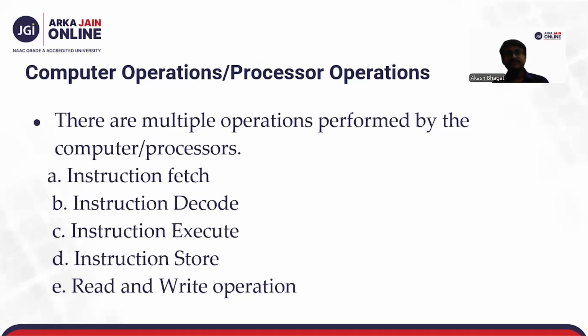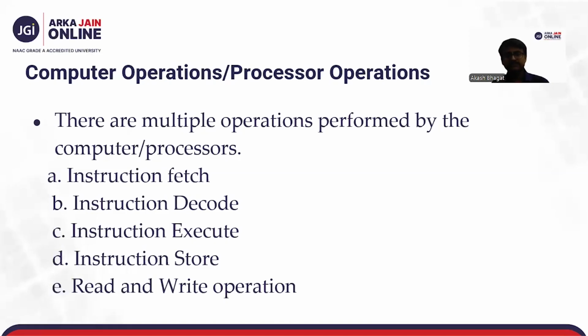Whenever we want to execute any data or instructions, it has to be fetched from the memory. After the fetch operation, we have to decode. As I had already explained, the processor has to convert the decimal number system into the binary number system in the form of code. This is known as decoding, and after decoding we have to execute.